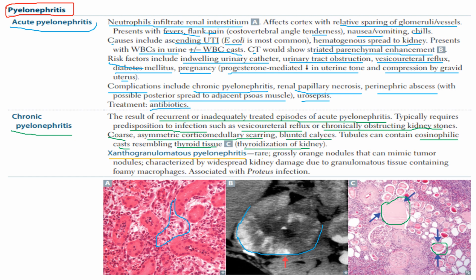It is a rare condition with grossly orange nodules that can mimic tumor nodules, characterized by widespread kidney damage due to granulomatous tissue containing foamy macrophages, associated with Proteus infections.